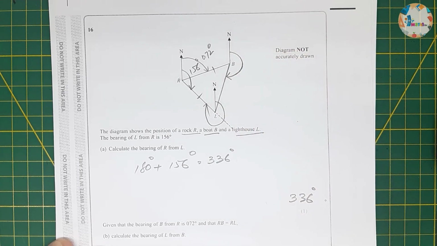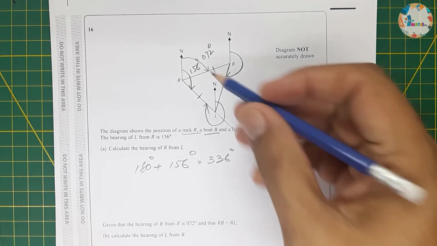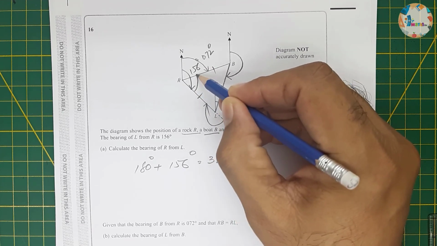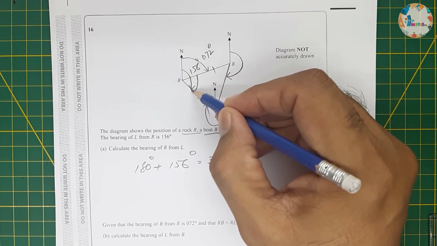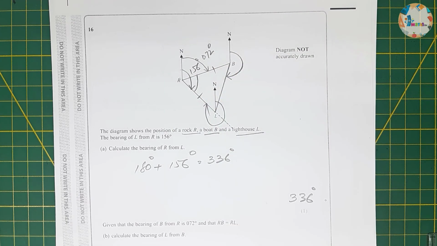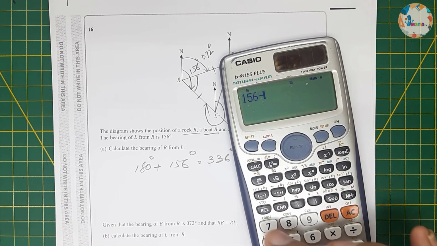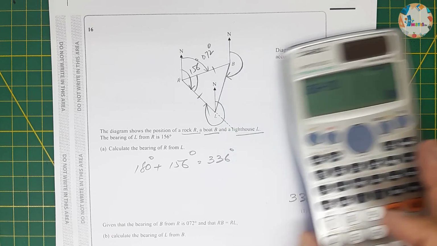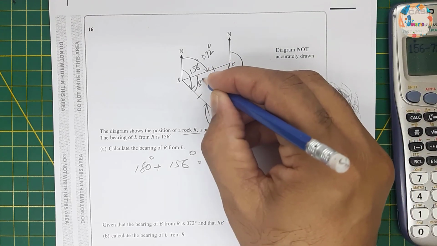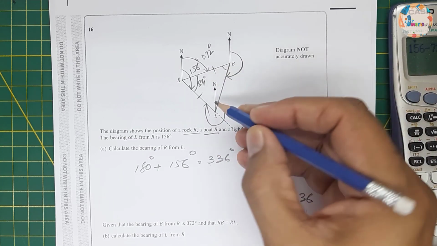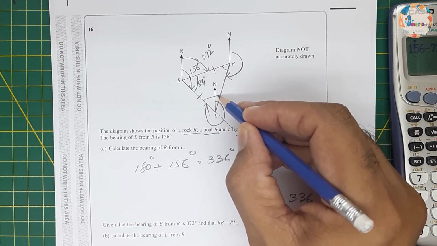So we can check this angle. To understand this drawing, we can calculate this angle of the triangle, which is 156 minus 72. So 156 minus 72 will be 84. So this angle is 84. Opposite angles, this angle and this angle are equal.